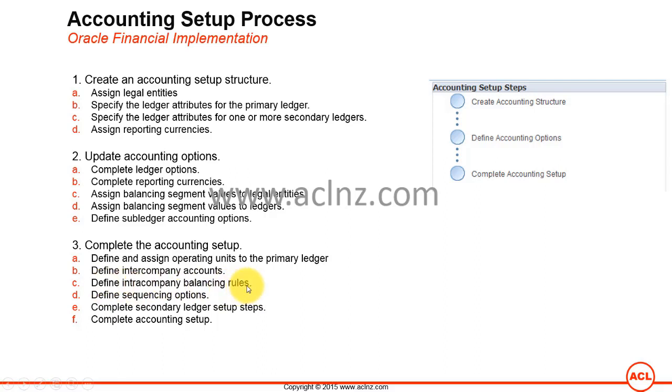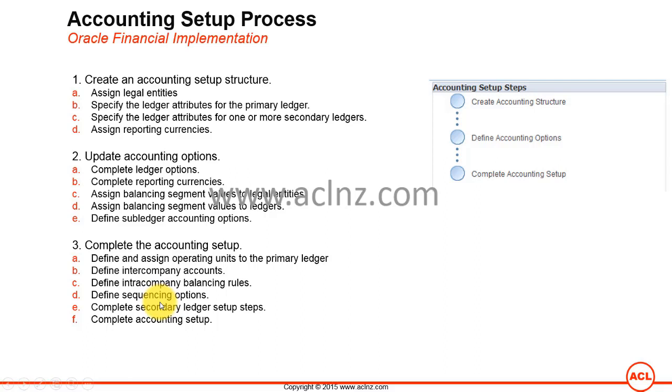Intercompany balancing rules can also be defined at the ledger level, and once that gets over, you go and define the sequencing option. Here the sequencing refers to the journal sequencing, as well as the journals coming from the subledgers such as receivables, payables, or fixed assets, and so on.